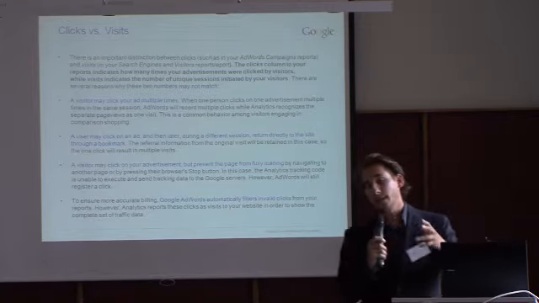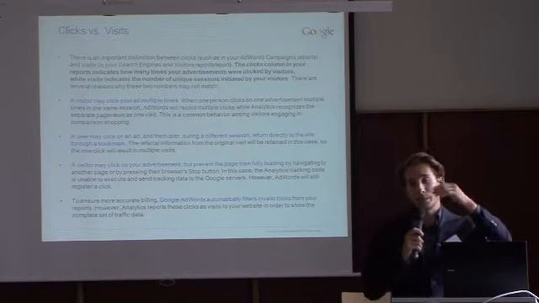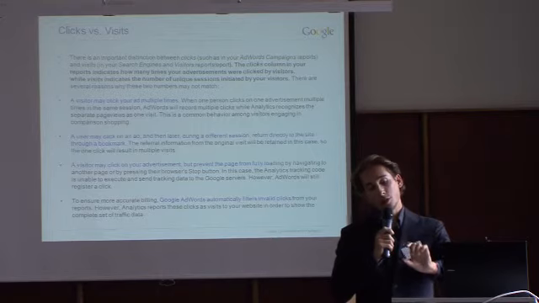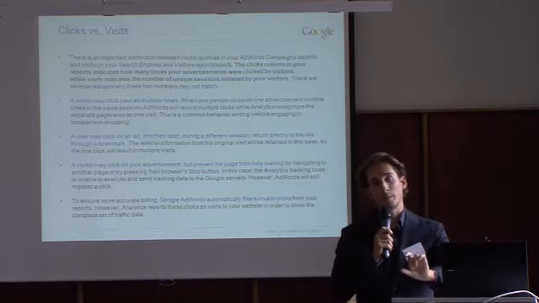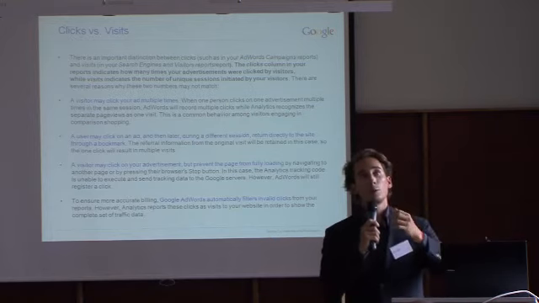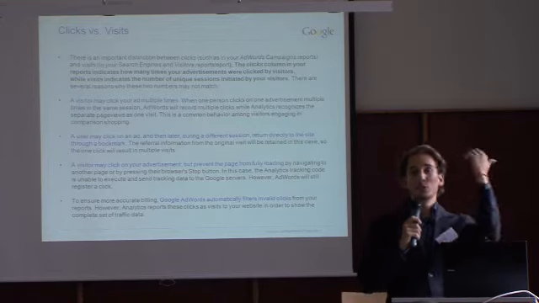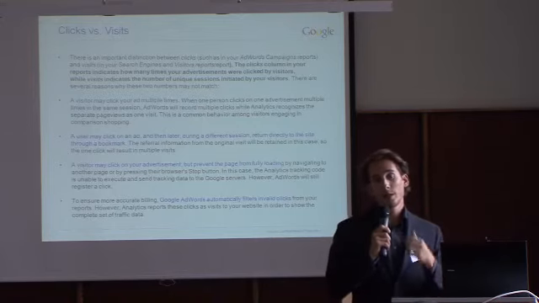Or then the typical case also: it takes some time before you get this cookie, because the tag is at the end of the page, so the page needs to load completely before you get the cookie. So if someone doesn't wait until the page has completely loaded and just goes away, you will have no visit.